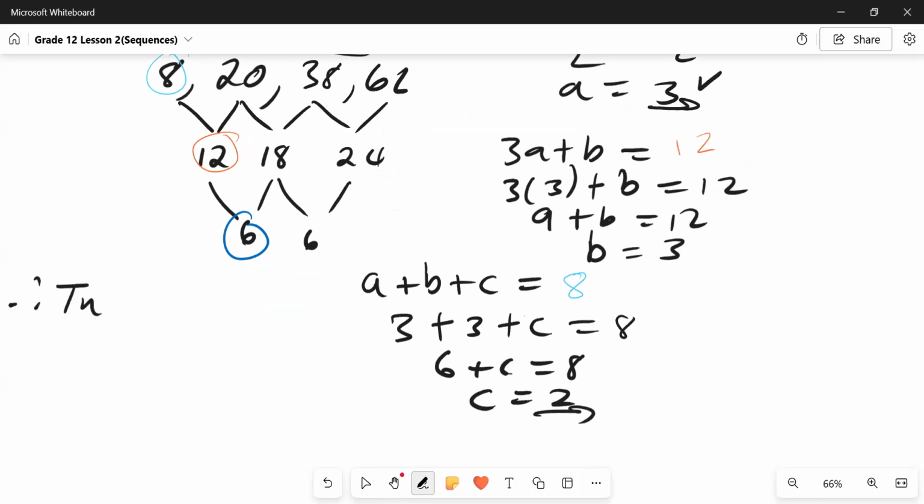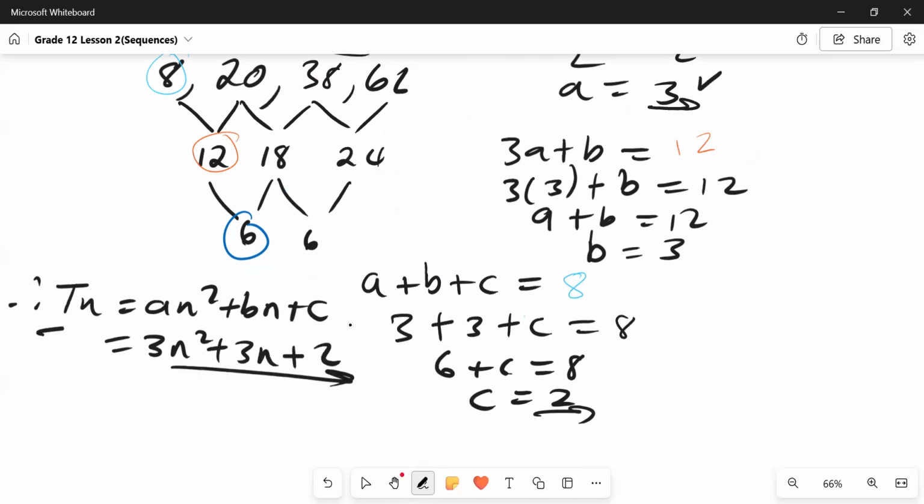Therefore, Tn is an squared plus bn plus c: your a is 3, so 3n squared plus 3n plus 2. And then you found your general formula, right? This was just a revision of a quadratic pattern.